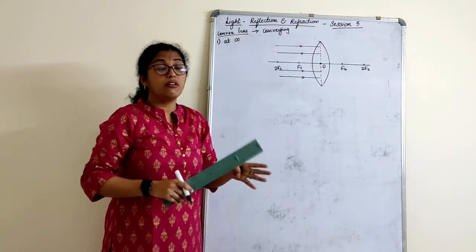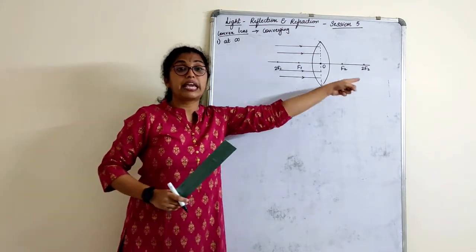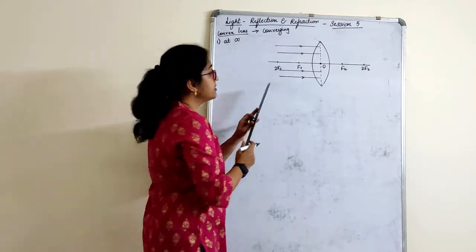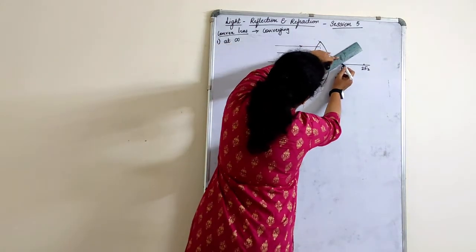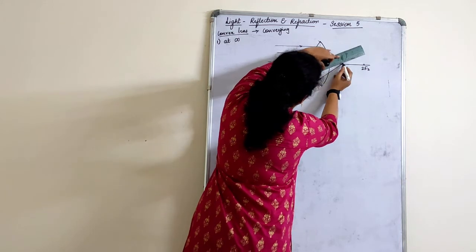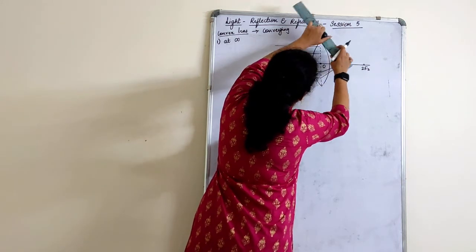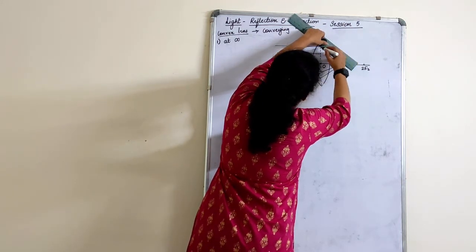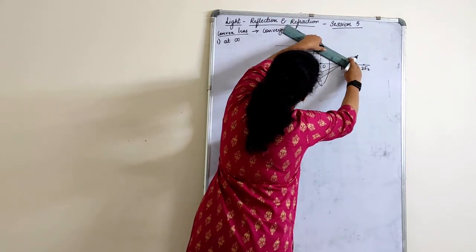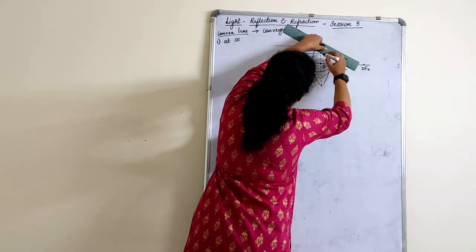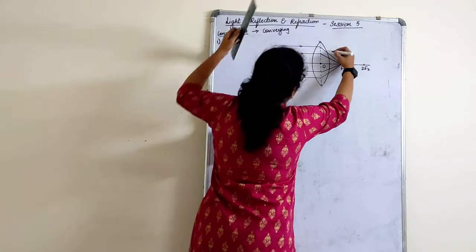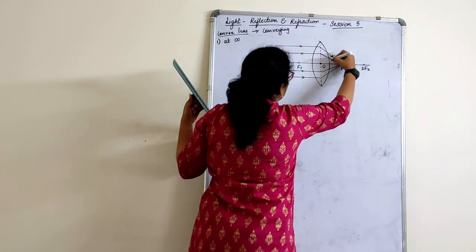The rays will always converge on the second focus of the lens. So the second focus converges all the rays to show that convex is a converging lens. Do it neatly with the arrow marks.